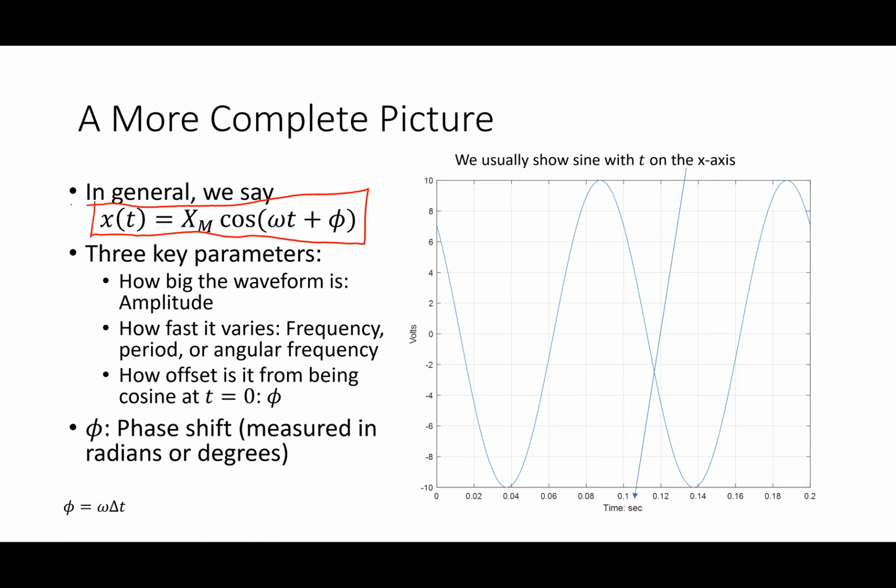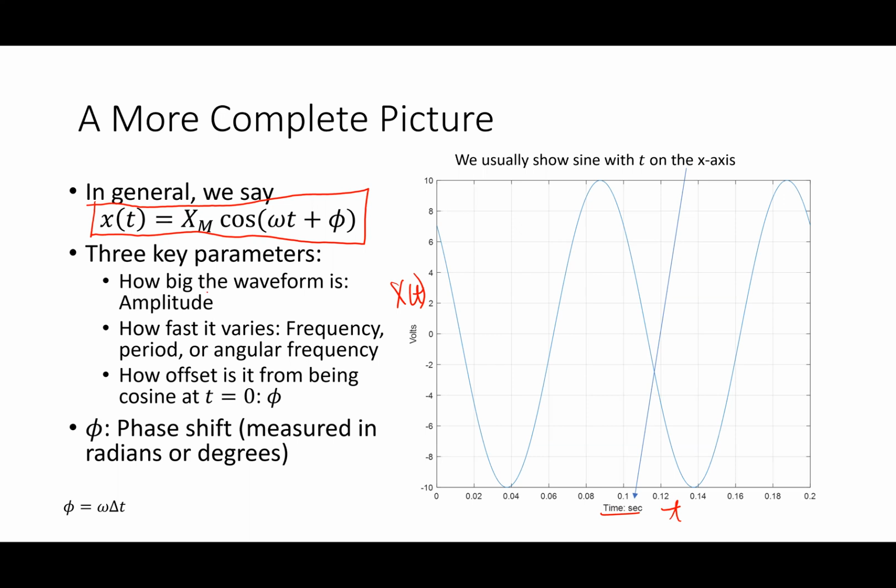There are 3 key parameters, 3 sets of numbers I need to know to sketch that waveform, the sketch I showed versus time, where I plot x of t against t.